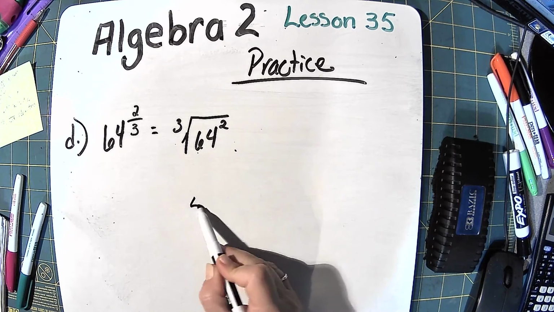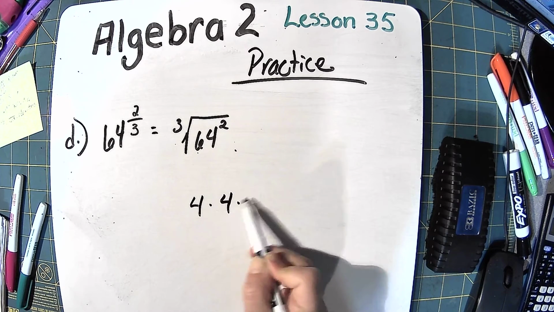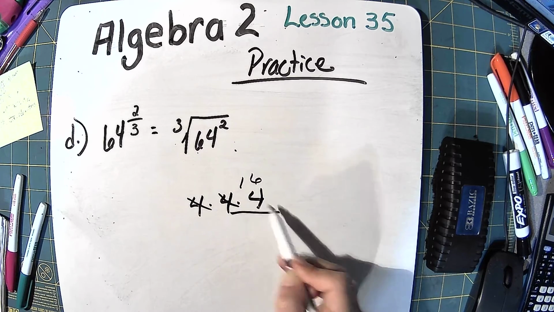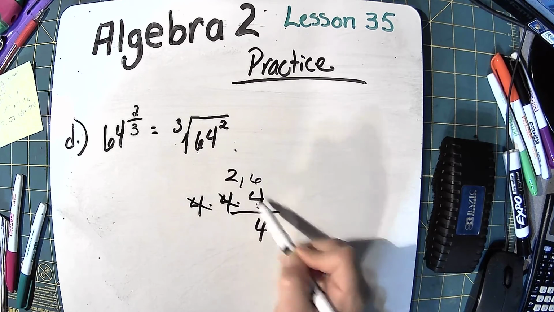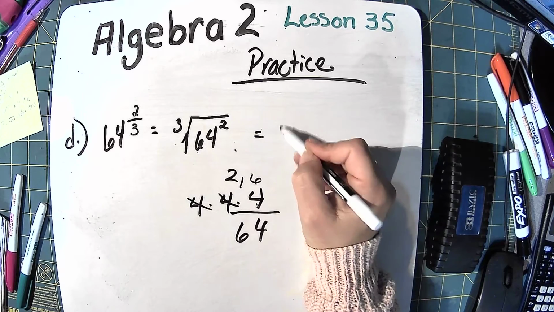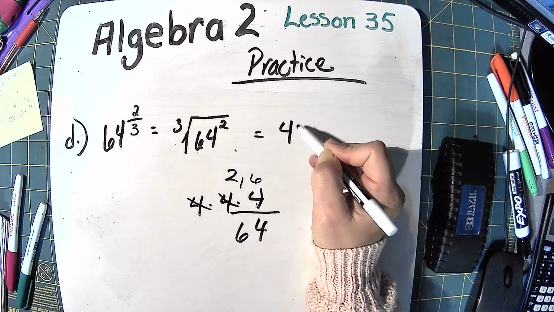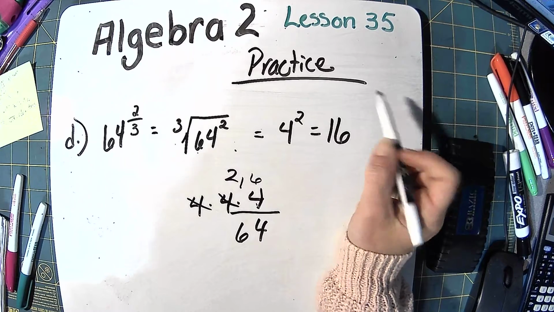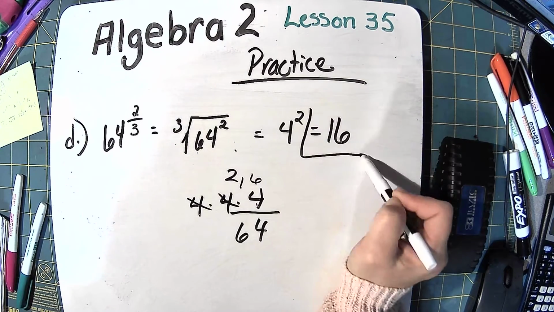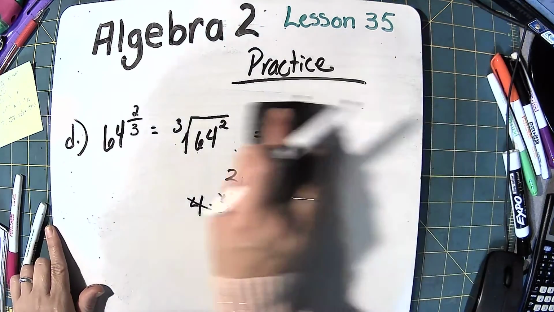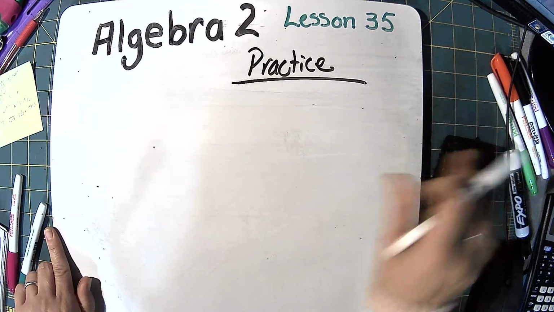And I'm pretty sure it's 4. 4 times 4 is 16, and then 16 times 4 is 64. So it's 4. So that means 4 squared, and 4 squared is 16. So the answer to that one is 16. And you can use your calculator on these roots. If you squared it first, you're going to end up with giant numbers.